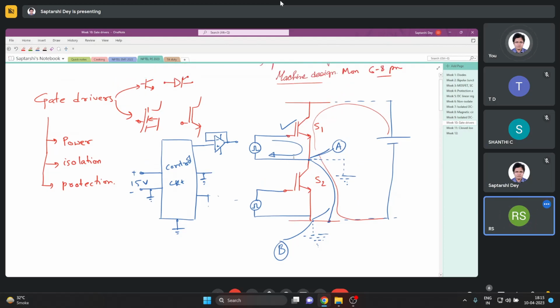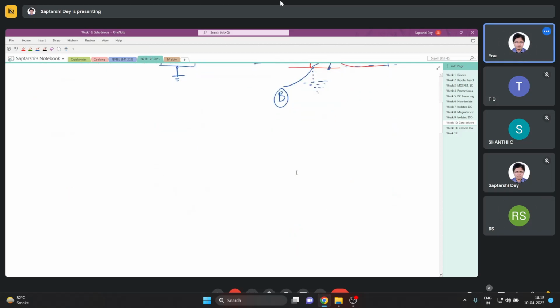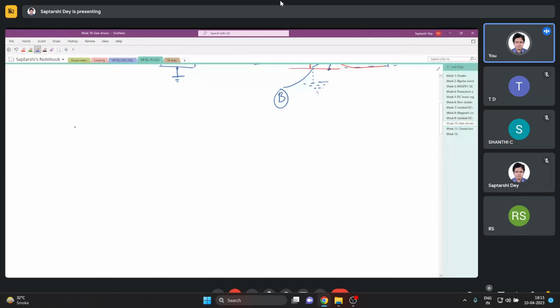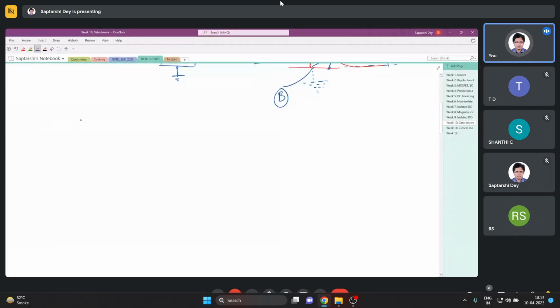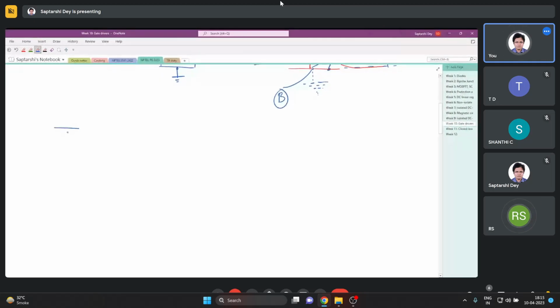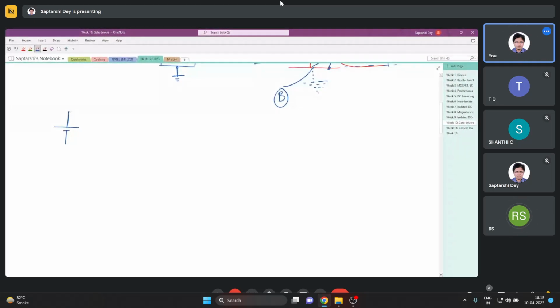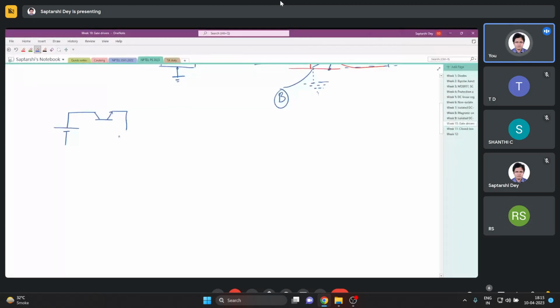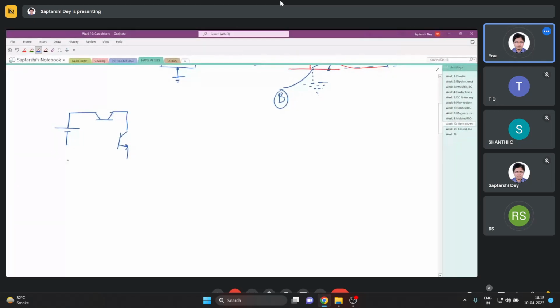Now what do we mean by isolation? This is more or less the same for all; you can verify this for a synchronous buck converter also. Say you have a switch like this and a switch like this.